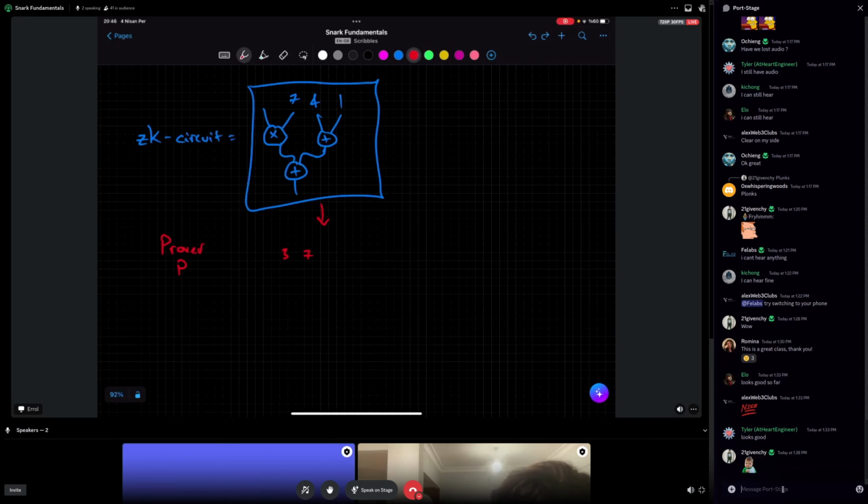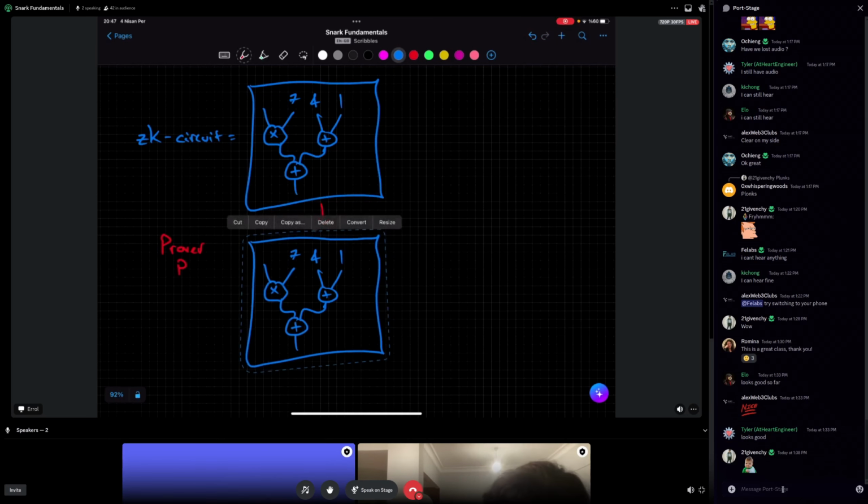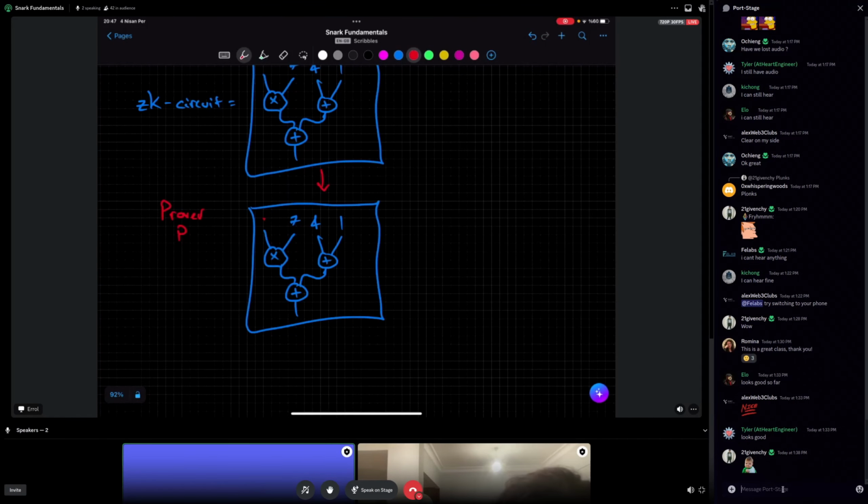Actually, let's paste this here, so we have the color scheming. 3. Now 3 times 7 is going to be 21. 4 plus 1 is 5. 21 plus 5 is 26. So the witness is those values. 3, 21, 5, 26.